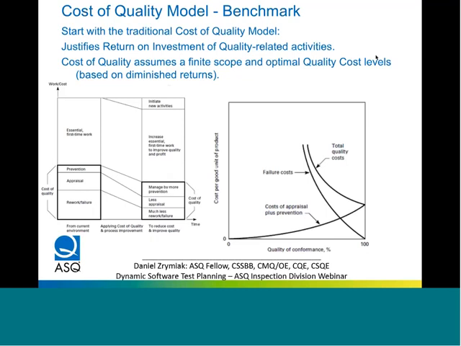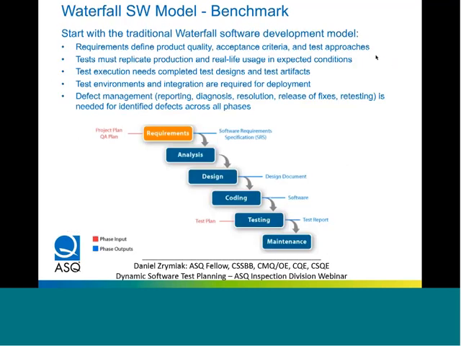So the second benchmark, and this is the nature of the project that we had, is the traditional software development life cycle, the waterfall. What that requires is a completion of the prior phase, not necessarily the full completion, but at least, as you can see, it tends to be about 60 to 70% before the next phase is initiated.